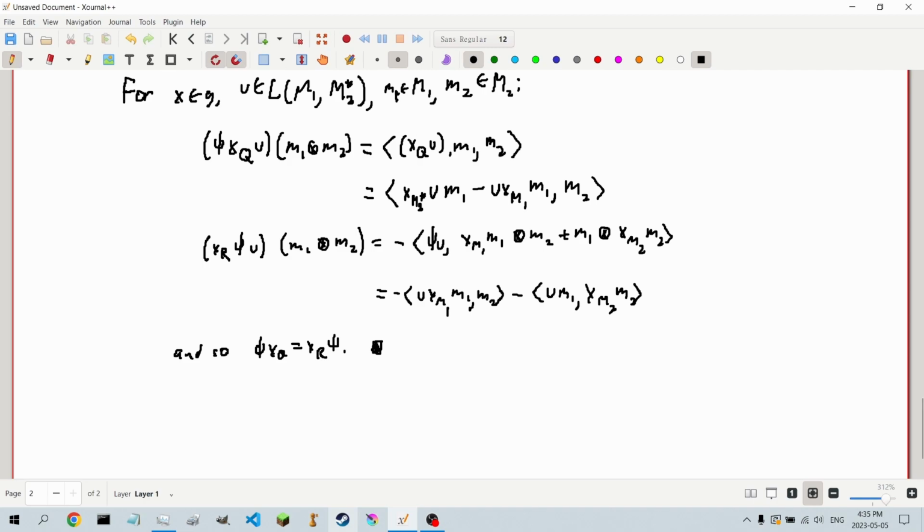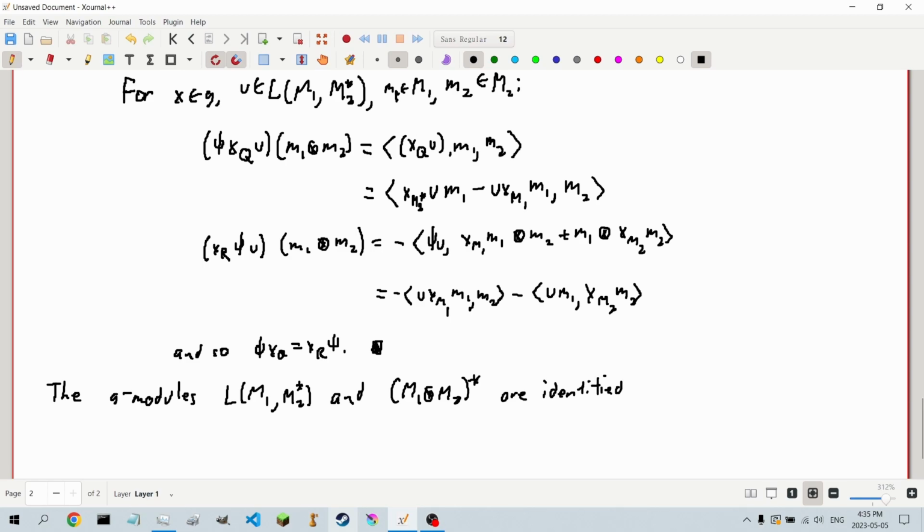Now, the G modules L of M1 on M2 L2 M2 star and M1 tensor M2 star are identified under C, which is an isomorphism.